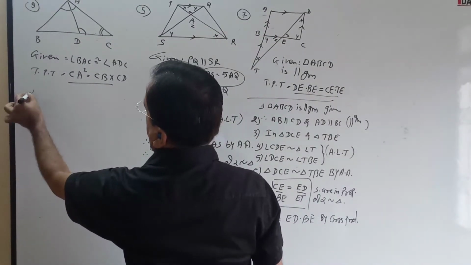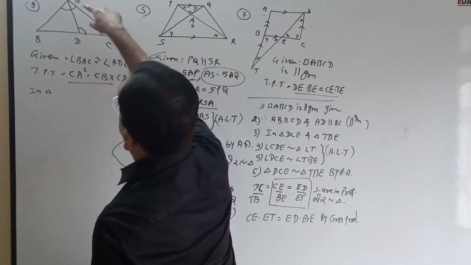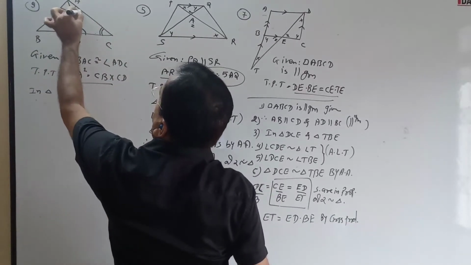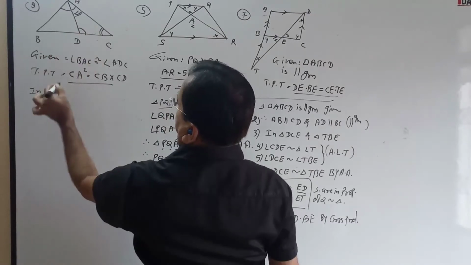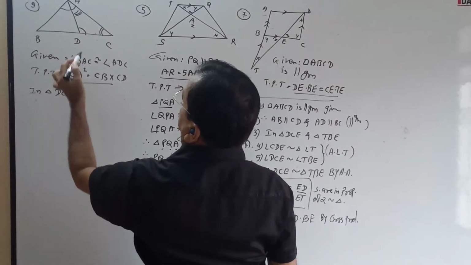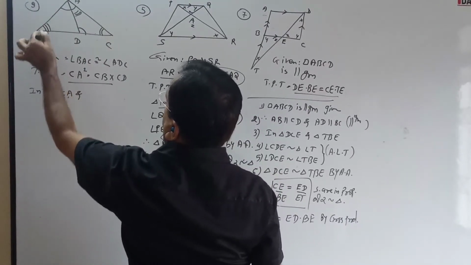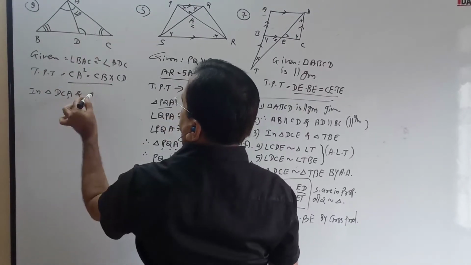Okay, in triangle DCA, single mark, double mark and triple mark. In full triangle ACB, single mark, double mark, triple mark.